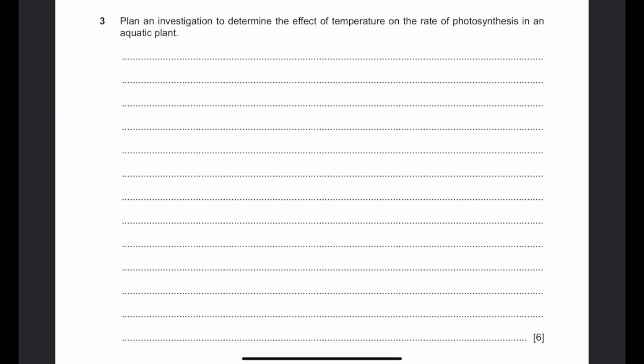Number 3. Plan an investigation to determine the effect of temperature on the rate of photosynthesis in an aquatic plant. For this type of question, many students actually struggle, but there are some formats that can be quite useful if you can remember them. Often, question number 3 in paper 6 asks you to make an investigation that's quite similar to question number 1.